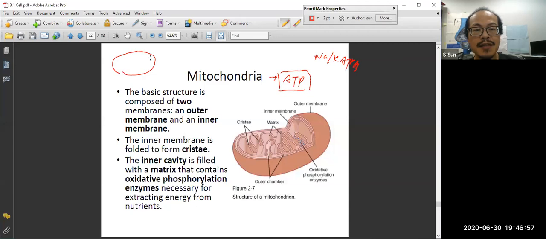Remember that in a cell, we have this pump. It pumps 3 sodium out for 2 potassium in, okay? This pump requires ATP. So even though you don't do anything, you need ATP. If the cell doesn't have ATP, it would die, and that's not a good thing, okay?